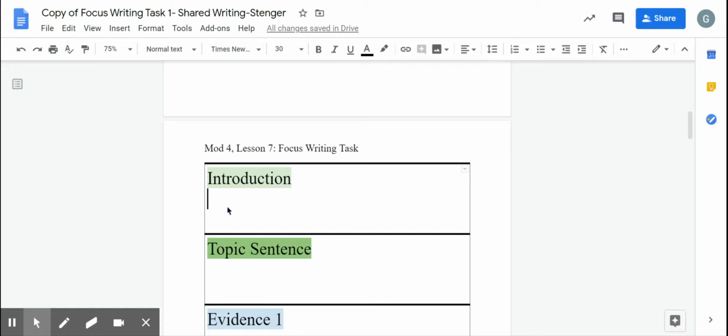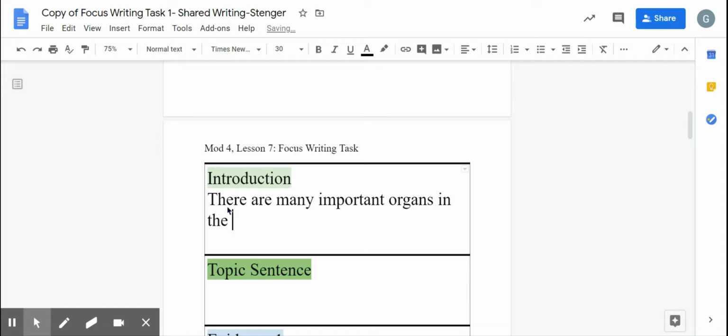How about we say, there are many important organs in the digestive system. Like a good writer, I made sure I started my sentence with a capital T and ended my sentence with a period because I'm not asking a question.